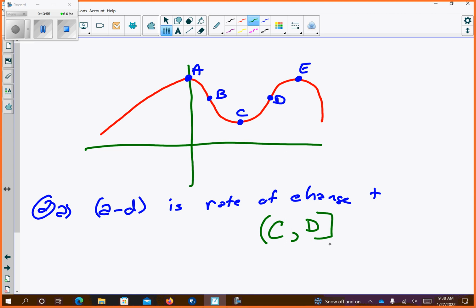Now, the reason why it's a soft bracket at C is the line exactly right here would be a horizontal line. The horizontal line has a slope of 0. As I start moving up like this, the slope is increasing. It's positive.